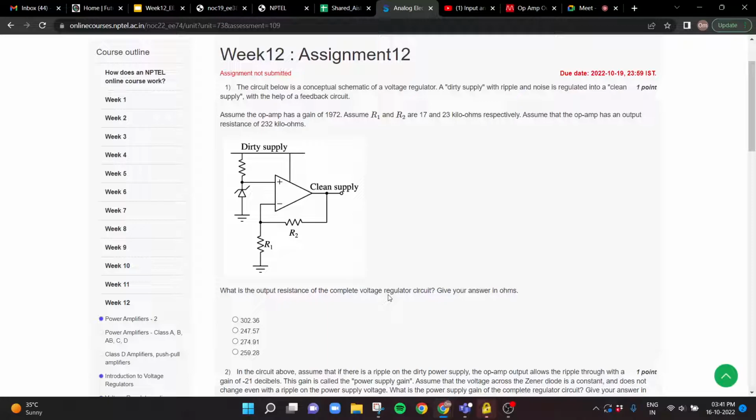So the values given in your question are R1 equal to 17K, R2 equals to 23K, and Z out equals to 232, A equal to 1972.